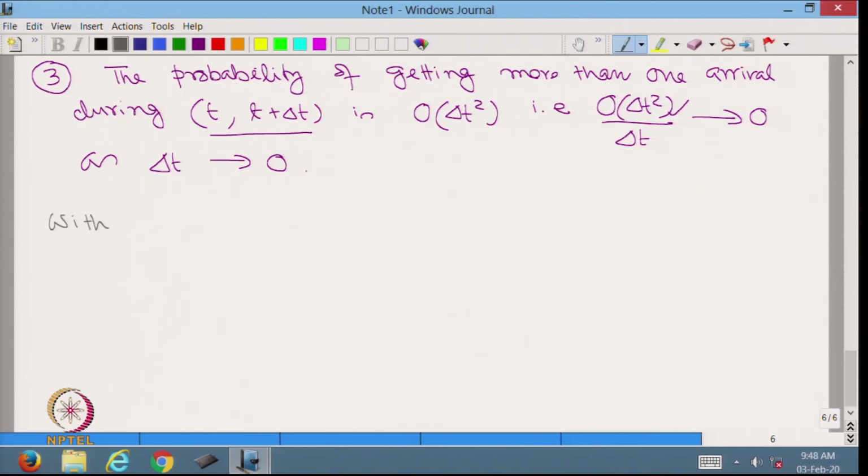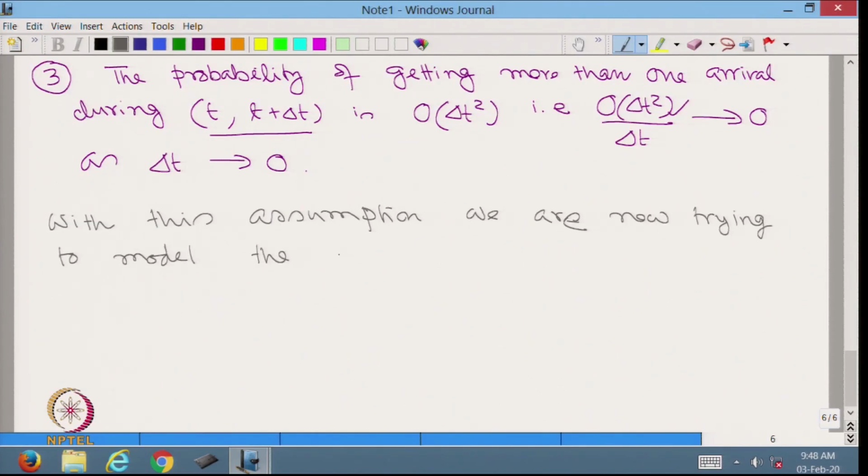With this assumption, we are now trying to model the number of arrivals in time t.